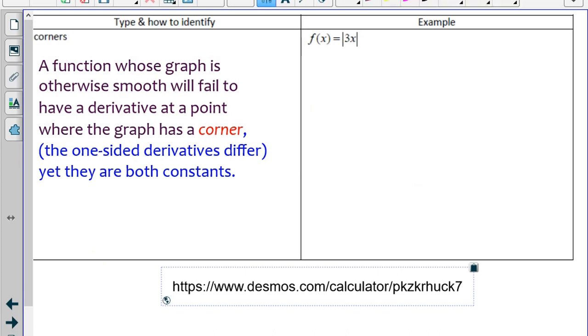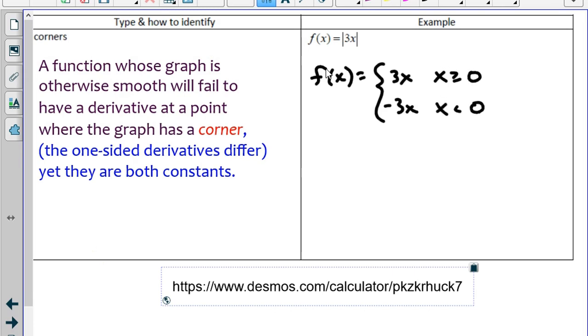recall that the absolute value graph, any type of absolute value, the definition of absolute value is actually a piecewise function. So if we look at this and we actually took the derivatives, I'm not going to spend the time doing that right now using the long method.